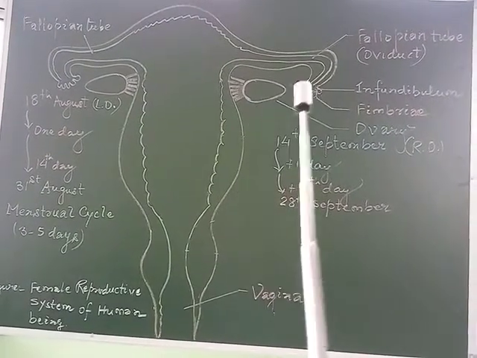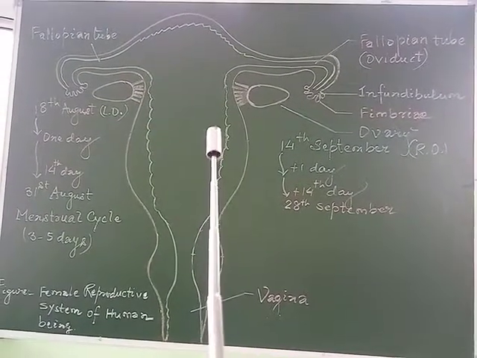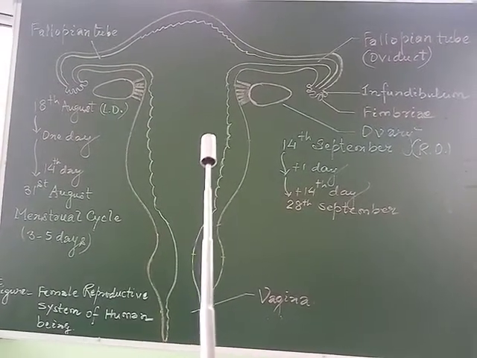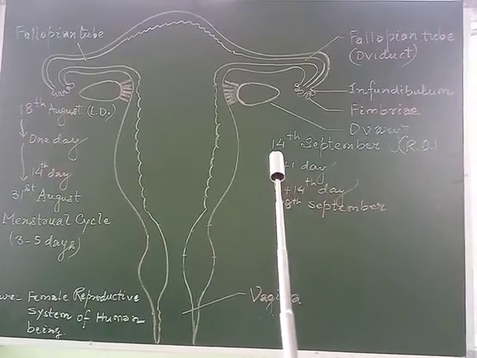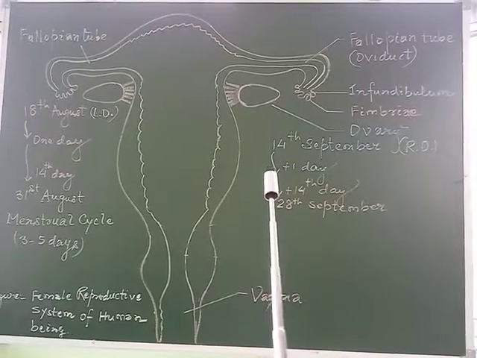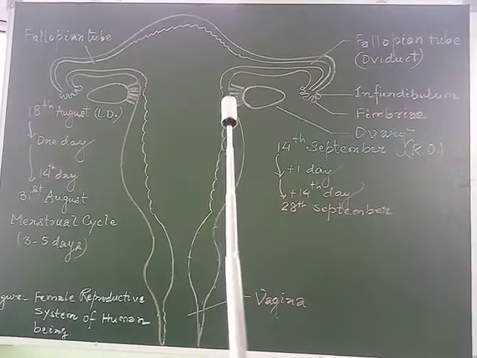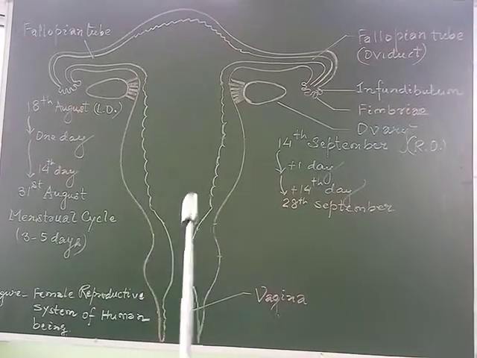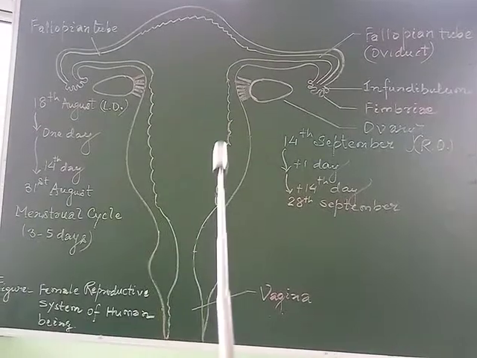If it gets fertilized, it may get implanted by the formation of zygote followed by the embryo. If it doesn't get fertilized, in the meanwhile the most important process has occurred: the uterine wall has again become vascularized with thick linings of blood vessels.